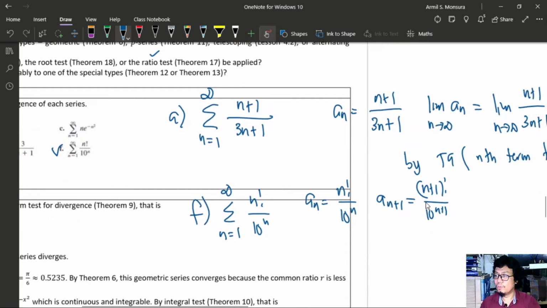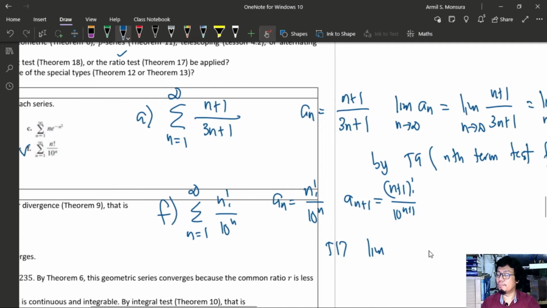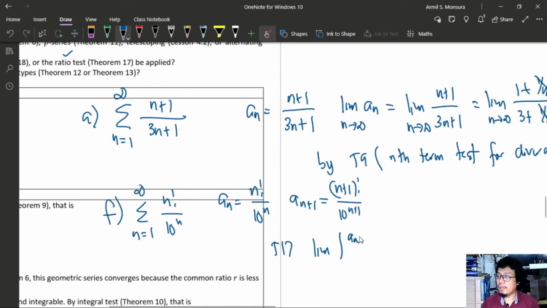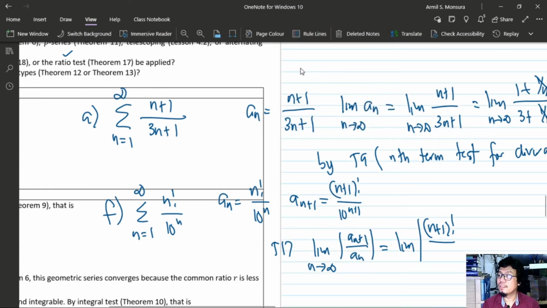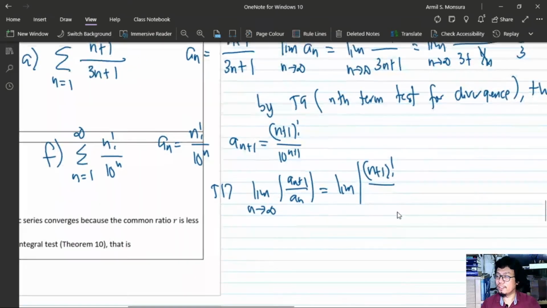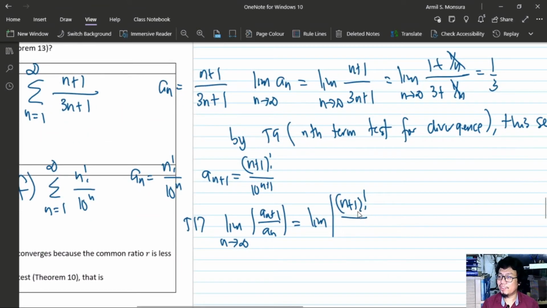Theorem 17 requires us to evaluate the limit of a sub n plus 1 over a sub n as n approaches infinity, which is the limit of (n plus 1) factorial over 10 raised to n plus 1, multiplied by the reciprocal of a sub n, which is 10 raised to n over n factorial.